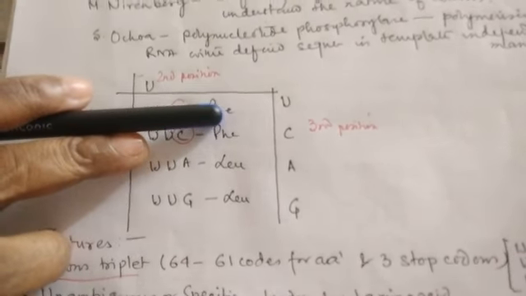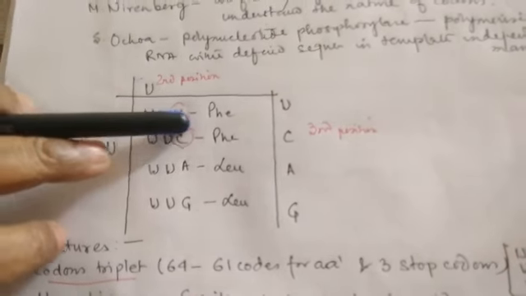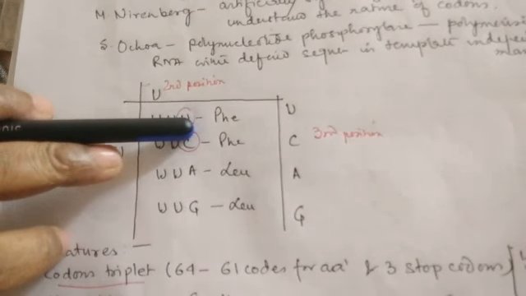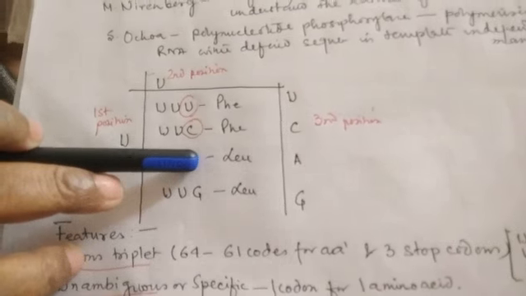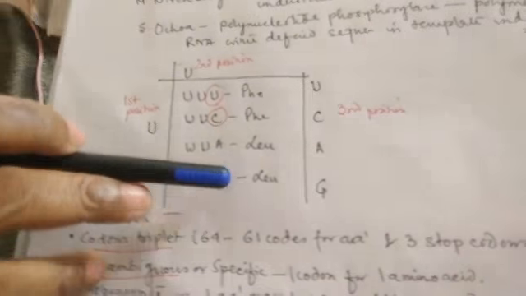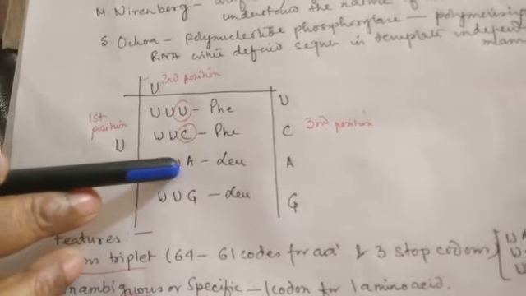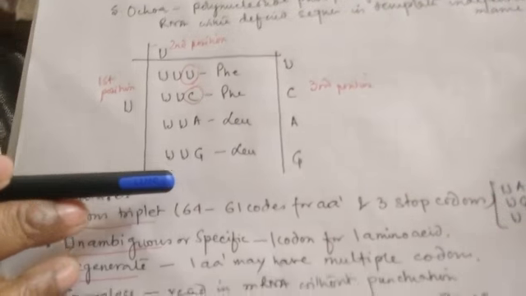Likewise, UUU will never code for any amino acid apart from phenylalanine. Wherever you find UUU, it will code for phenylalanine only, and wherever you find UUA, it will code for leucine only. The codons are highly specific for their amino acid.